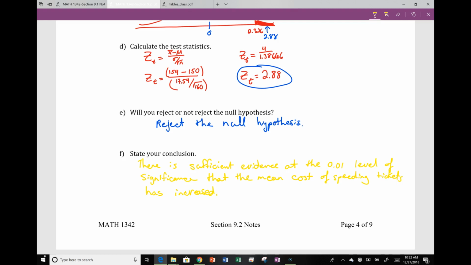Because we rejected it, there is sufficient evidence to say that it has increased.